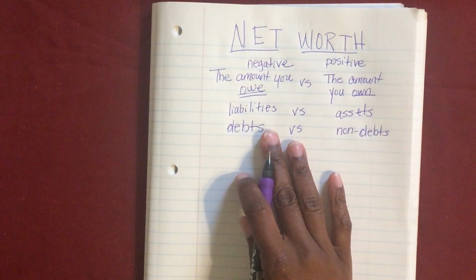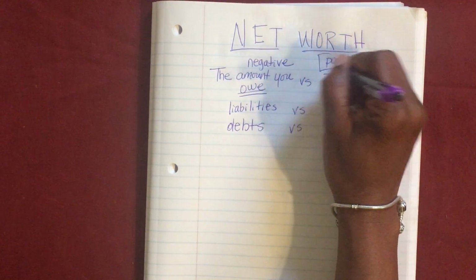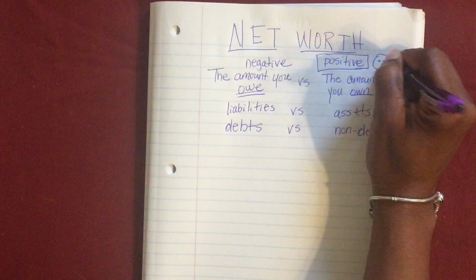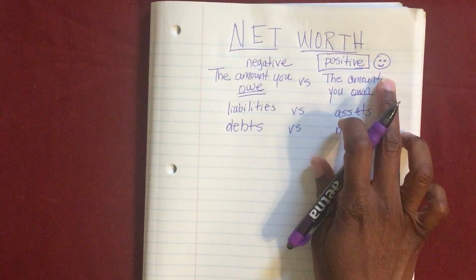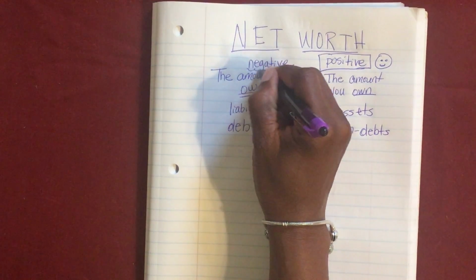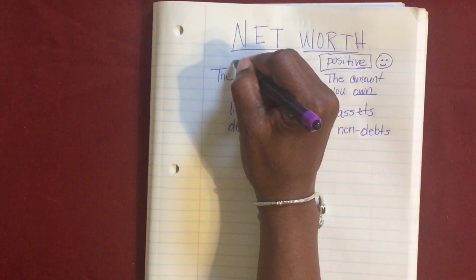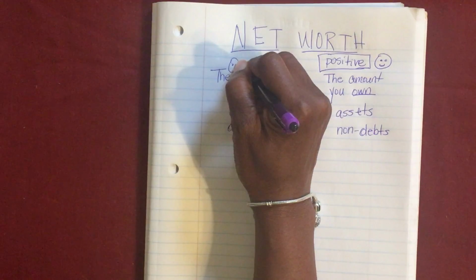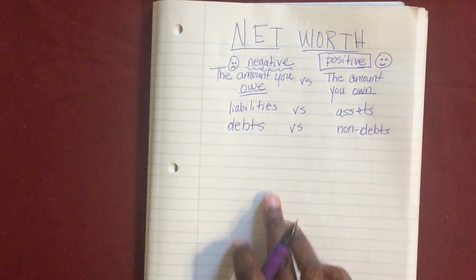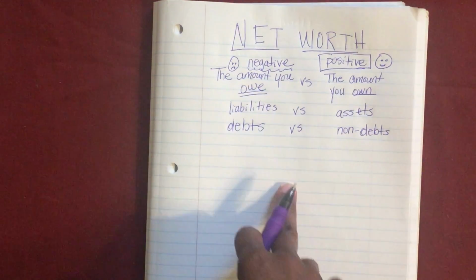I am hoping that your net worth is positive, because that is what we're shooting for. We're shooting to have a positive net worth, okay? Now, if your net worth is negative, then I can also give you a few pointers on what you need to do in order to rectify that situation.